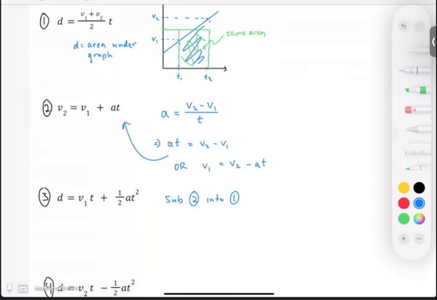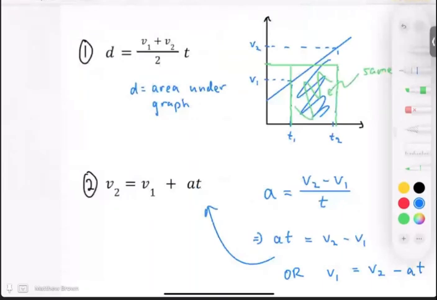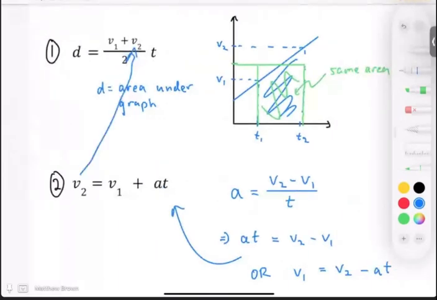Since equation 2 is in terms of v2, that means d equals v1 plus v2, but for v2, use v1 plus at, divided by 2 and times t. So you can see how I took v2, which is in equation 2, and where there's a v2 here, I just substituted in v1 plus at.